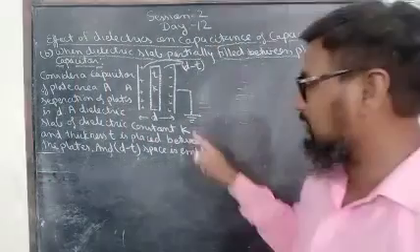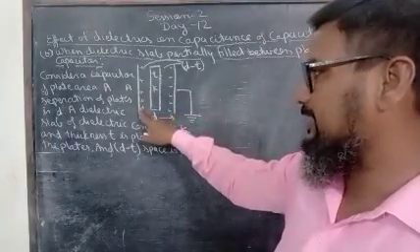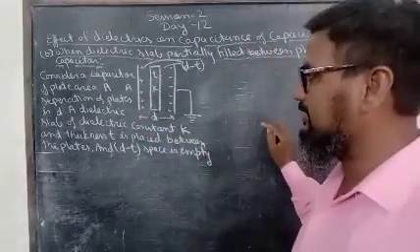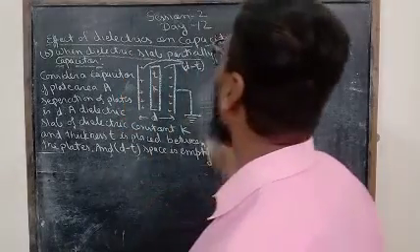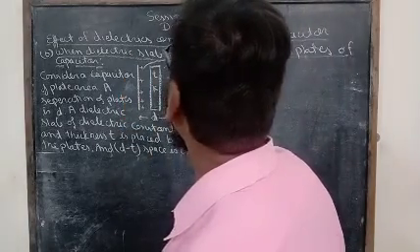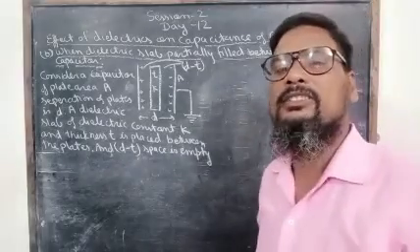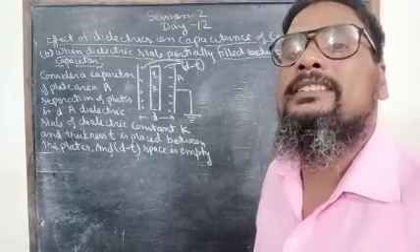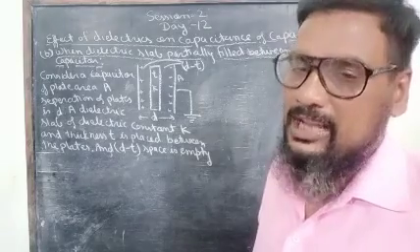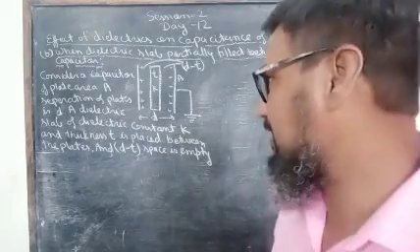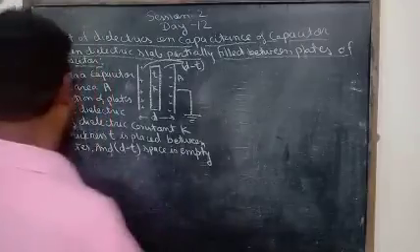So this is the description. In this, the plate area of each plate of the capacitor is A, the separation of plates is small d, and a dielectric slab of dielectric constant K and thickness T is placed between the plates. Its geometrical position never affects the capacitance of the capacitor, and the D minus T region is empty.